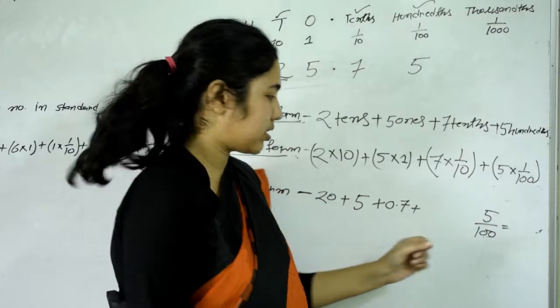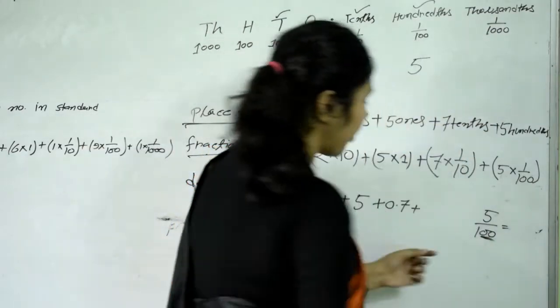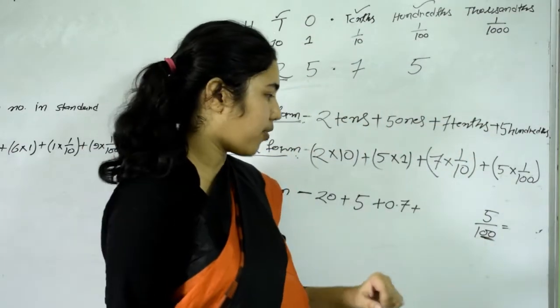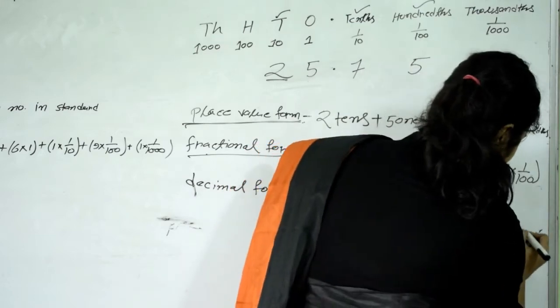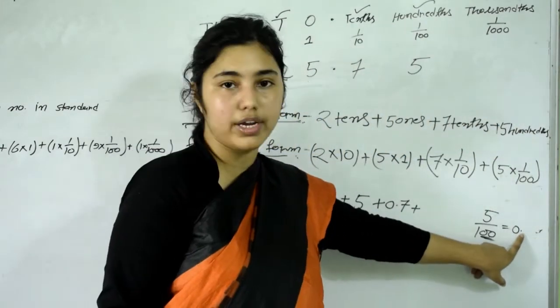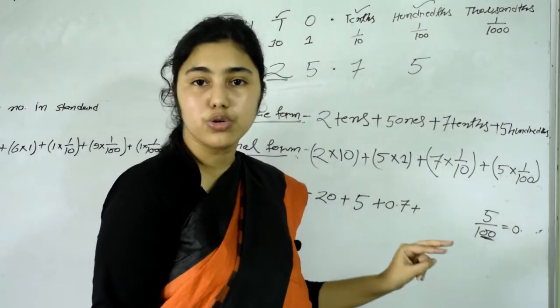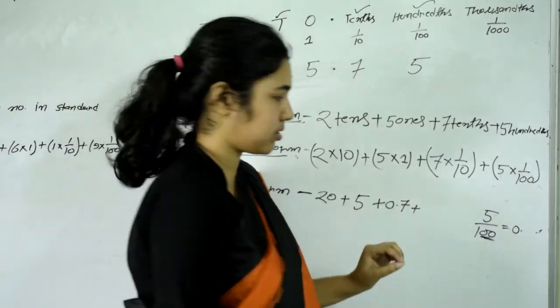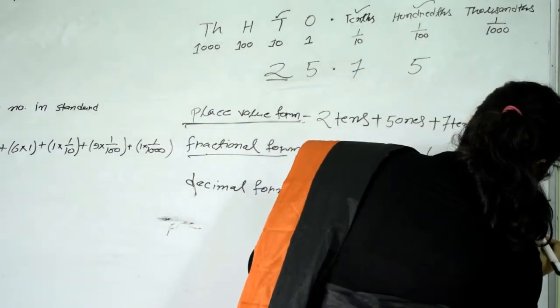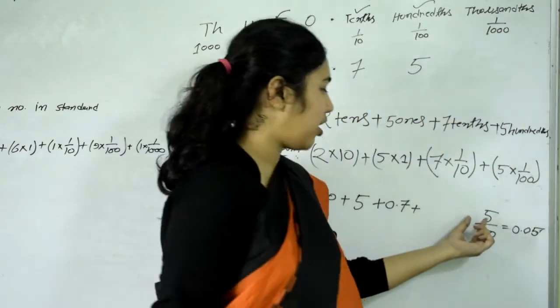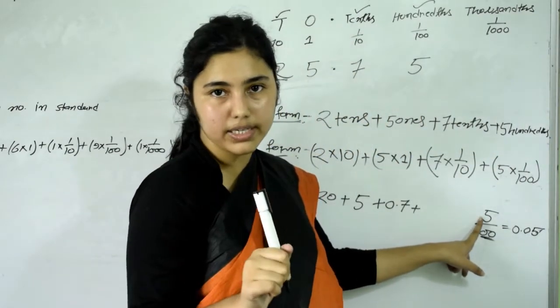Now look at the denominator. Here we have 2 zeros followed by 1, right? So we have to place this decimal point before 2 decimal places. So 0.5. Now in the numerator we have only 1 digit, right?